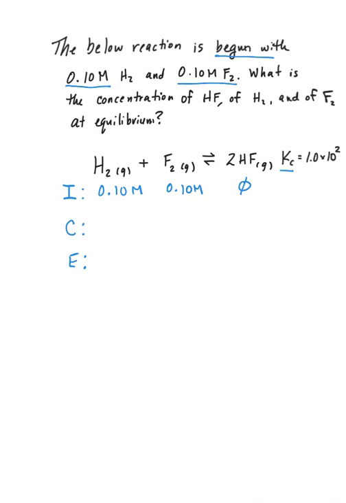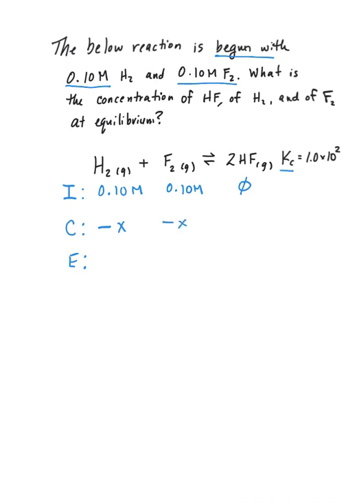As our reaction proceeds, though, we expect that, based upon our initial conditions, we'll produce products and consume reactants. That means that our reactants will change by decreasing. How much will they decrease? Well, we don't know yet, so let's leave that variable, x.